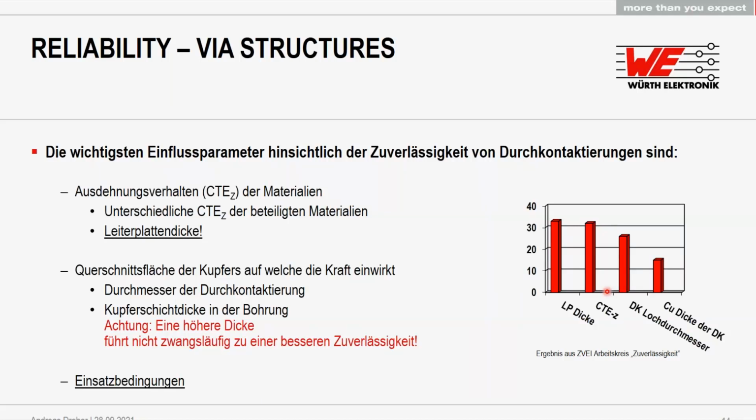We have some different literature where the reliability is discussed. And on the right-hand side, the most important factors influencing the reliability of through-hole components are the overall thickness of the board, the CTE expansion of the material, which we go into in detail in the next slide, the drill diameter of the through hole, where a thicker drill diameter is typically more reliable, and the thickness of copper inside the hole.